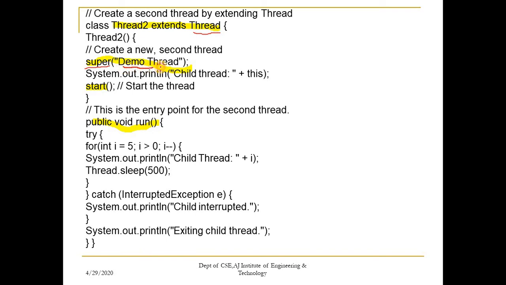Demo Thread is a string that you are passing to the constructor. So when you are calling that constructor, you are going to create a new object for the Thread2 class, and this object is given the name Demo Thread.